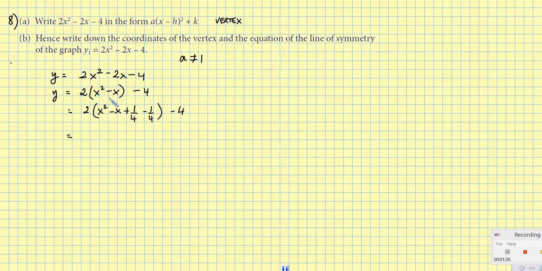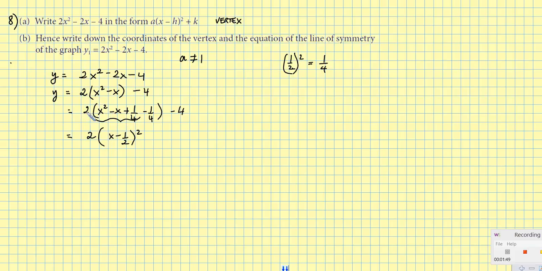So I took half of x, which is 1/2, and I'm going to square it, so it goes to 1/4. So now I have 2 bracket x minus 1/2 all squared. That is my completed square form of the first 3 terms.